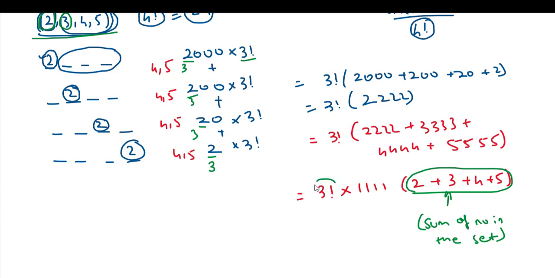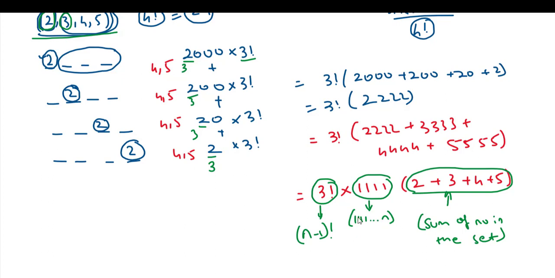If you notice, this 3 factorial is nothing but 1 less than the number of numbers in this set. In this set there are 4 numbers, so it is 1 less. So we'll have n minus 1 factorial here. And this number 1111 contains 4 ones. So it is nothing but a series of ones, n times.